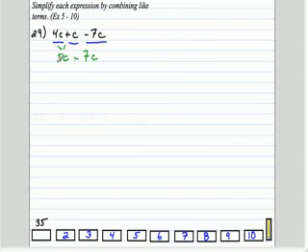So if I have a positive 5 and a negative 7, I get what? Negative 2c. My variable is still c, so it's still right there.